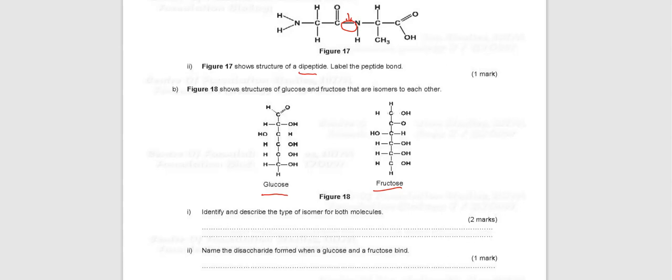For glucose, the carbonyl group is located at carbon number 1, and for fructose, the carbonyl group, this is supposed to be a double bond there, is located at carbon number 2. Therefore glucose is considered an aldose, and fructose is a type of ketose.